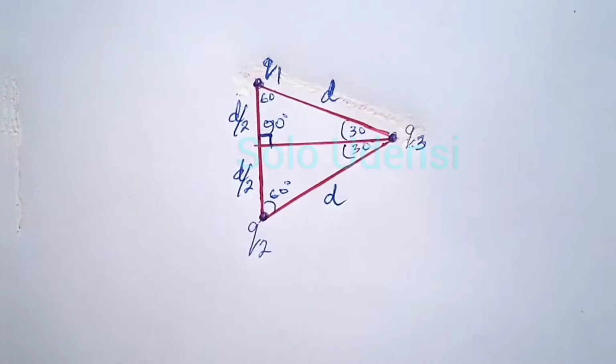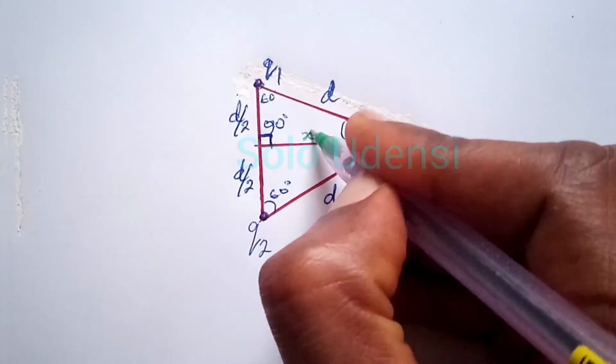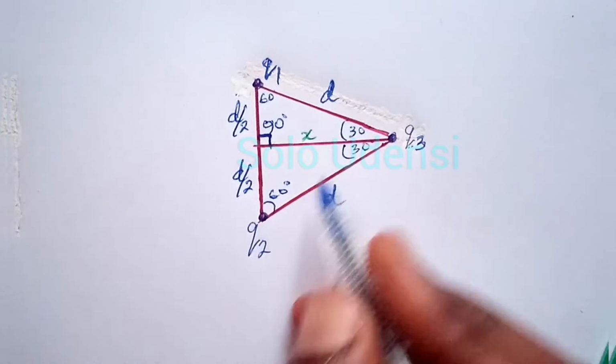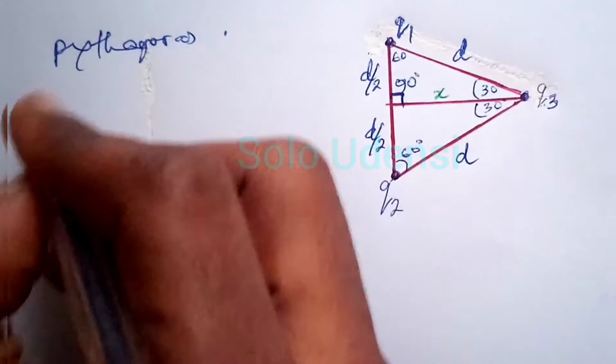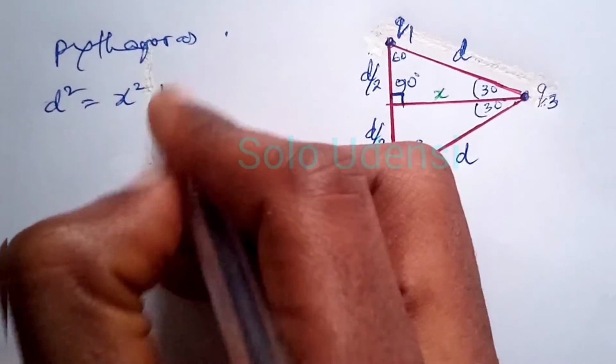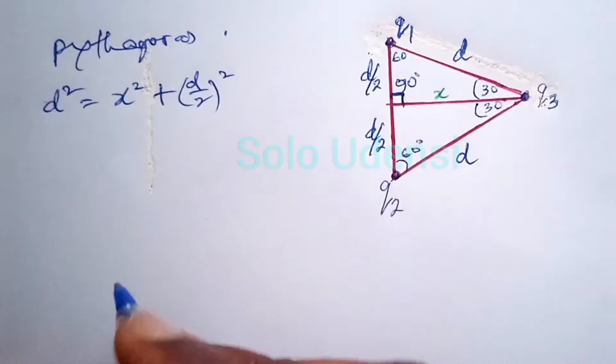So let's call here x. From Pythagoras theorem, d squared is equal to x squared plus d over 2 squared.